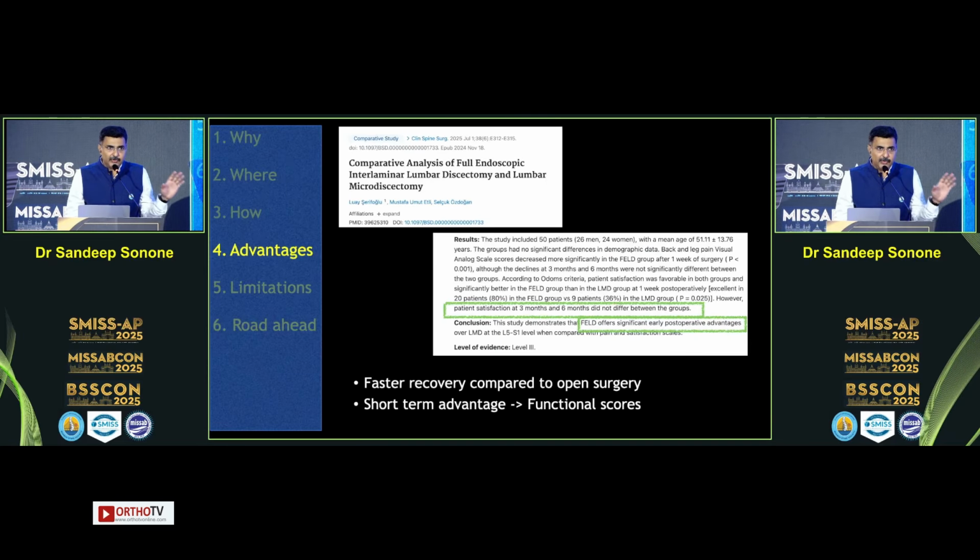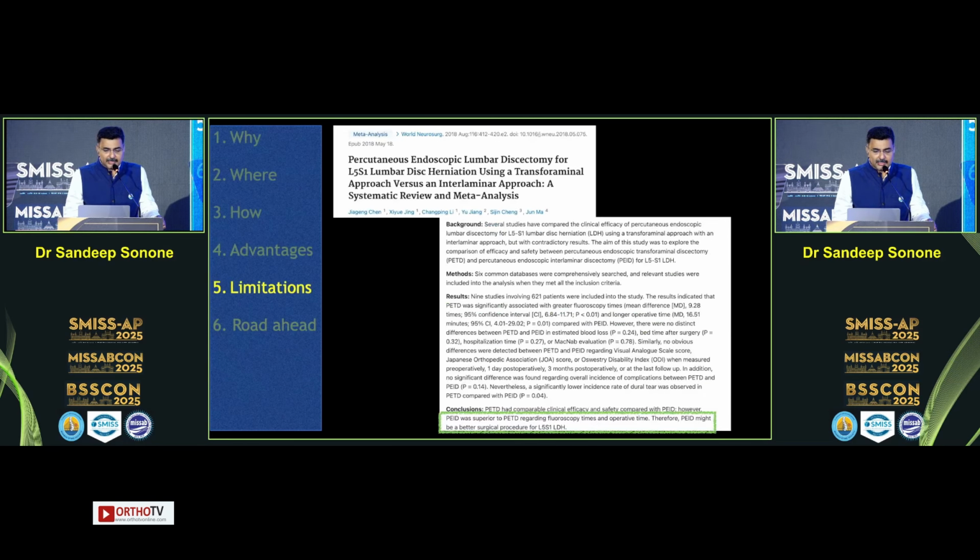The literature is very clear on this. There is no added advantage of endoscopic over minimally invasive if you look at the long-term results. However, the short-term results, the muscle damage and the blood parameters such as CPK levels go in favor of the endoscopic approach. There are certain limitations, especially at L5-S1, where the interlaminar approach is preferred over transforaminal.